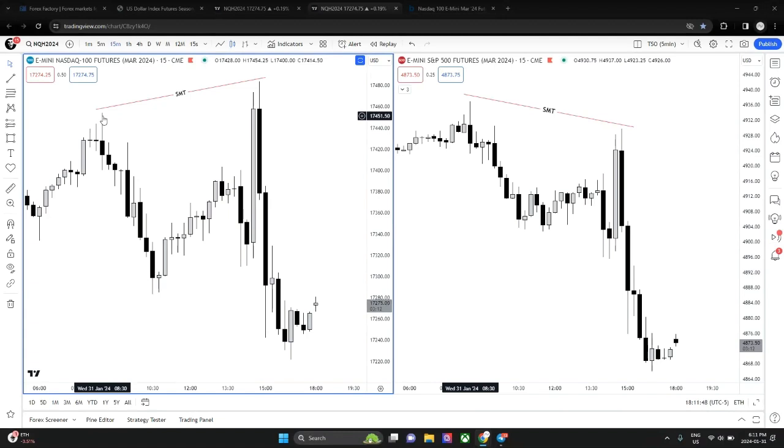Okay, due to the fact that we had a high impact news event this morning at 8:30 that made this candle have significant liquidity above the swing high, right? You gotta understand it has to be a swing high with a candle to the left lower than the one in the middle, and the same for the one to the right. So this candle is lower than this, and this is lower than this. This is a swing high, right? This would be a swing low.